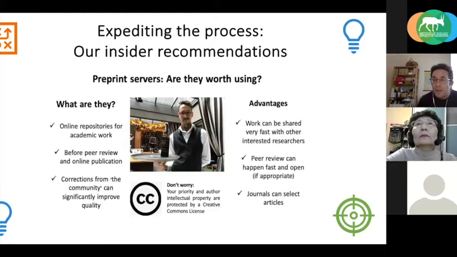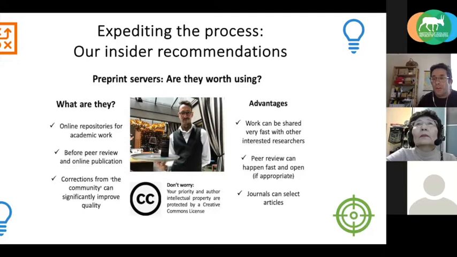The other thing to strongly consider is using preprint servers. We talked about these in our last session as well. Preprint servers are online repositories for academic work that can be used at any stage of the process before journal submission. Many journals are linked to preprint servers.